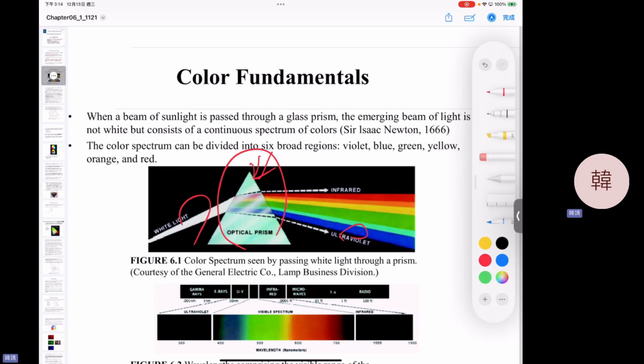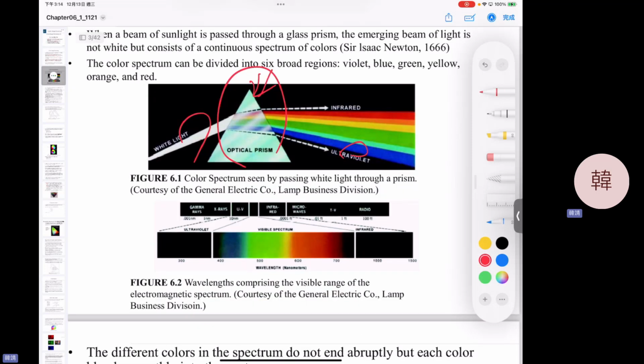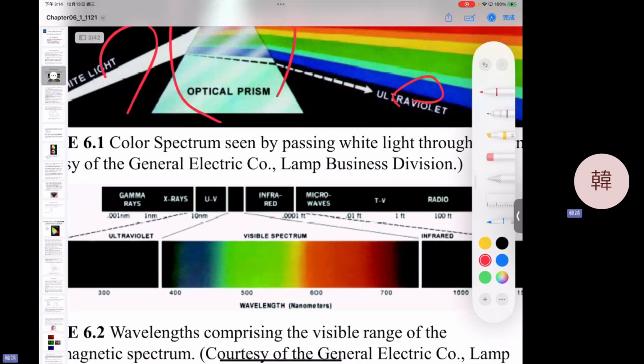The color spectrum can be divided into a broad range, like violet, blue, green, yellow, and so on, with different frequencies. But in our visual band, we can only see a very small part of the spectrum.